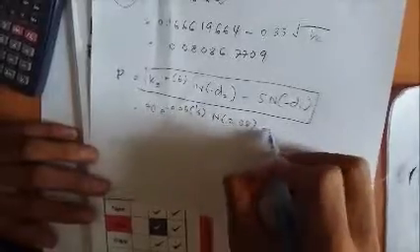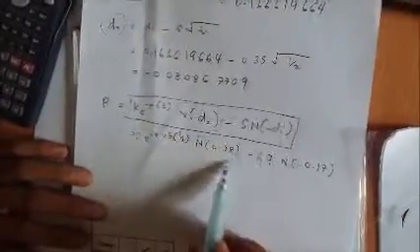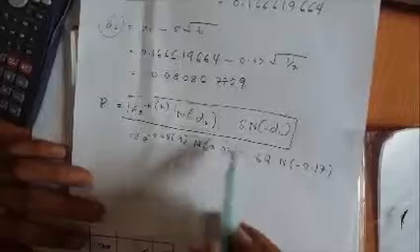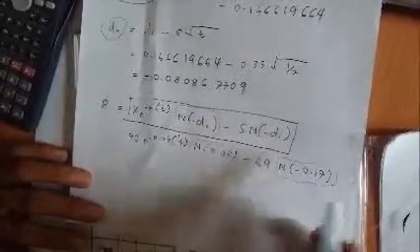0.008 minus S, 69, N(-d1), so N negative 0.17. Okay, the values of N(-d2) and N(-d1) we can find at the normal distribution table.